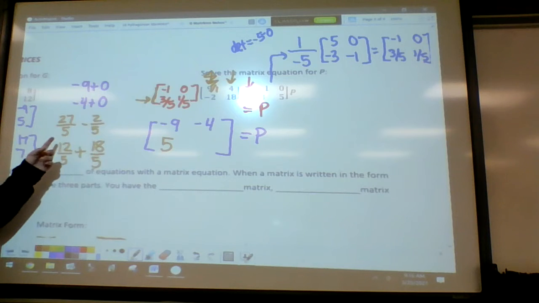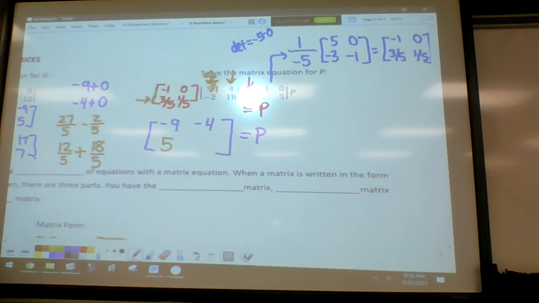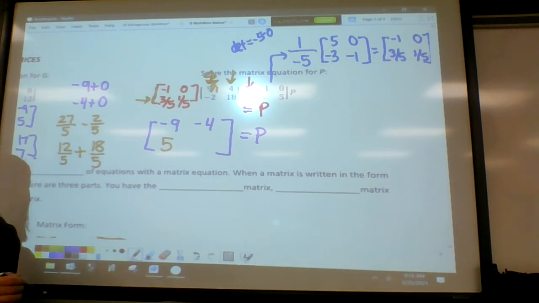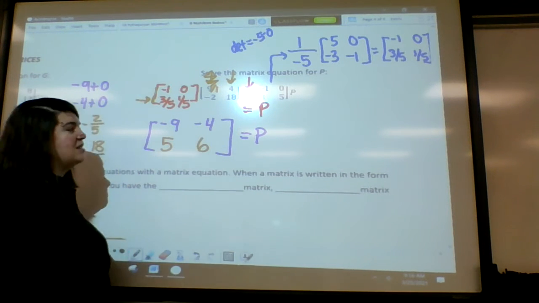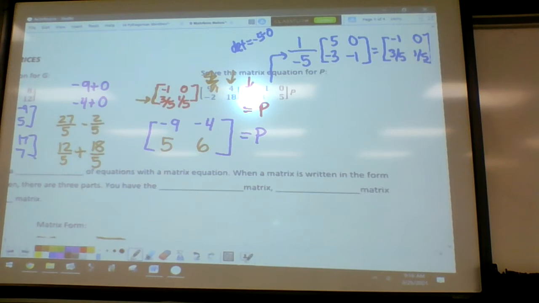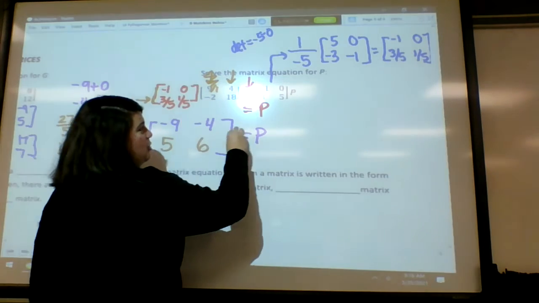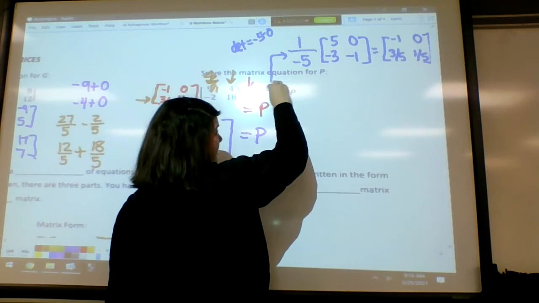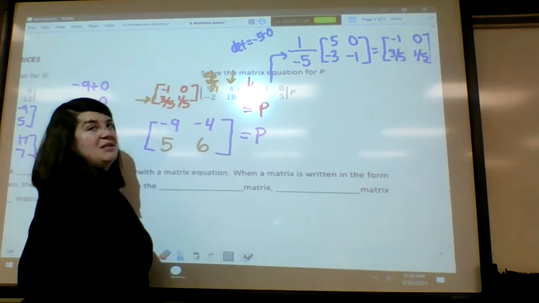So we'll add the numerators because we have common denominators already. So that worked out really nicely. 12 plus 18 is 30. 30 divided by 5 is 6. So that last number is 6. So if you take this matrix here, matrix P, and you put it in place of that P, and you multiply these two together, you will get that one.